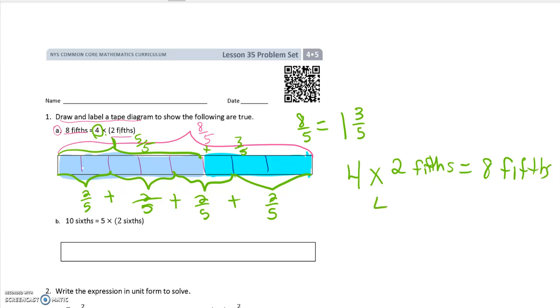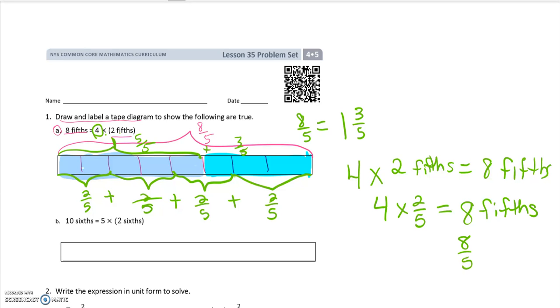If I wrote this out this way, 4 times 2/5, that would equal 8/5.